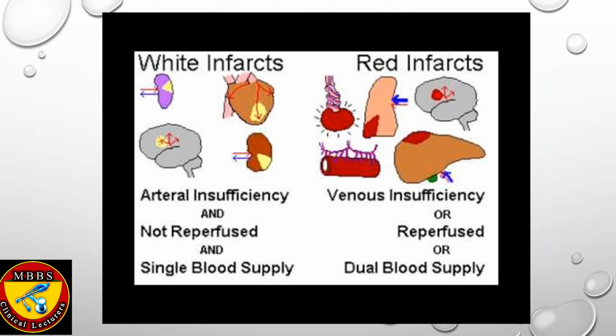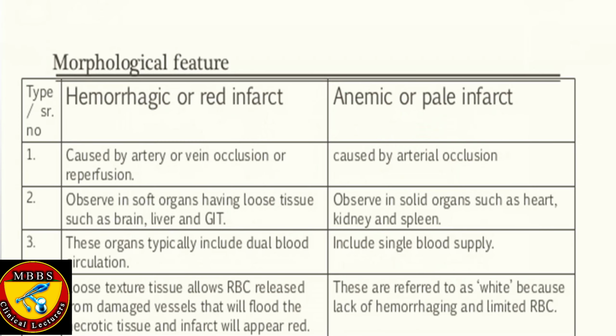So the white infarcts are due to arterial insufficiency, not reperfused, single blood supply, whereas red infarcts show venous insufficiency. They can be reperfused by the dual blood supply. So this shows the difference between the red and the white infarcts.